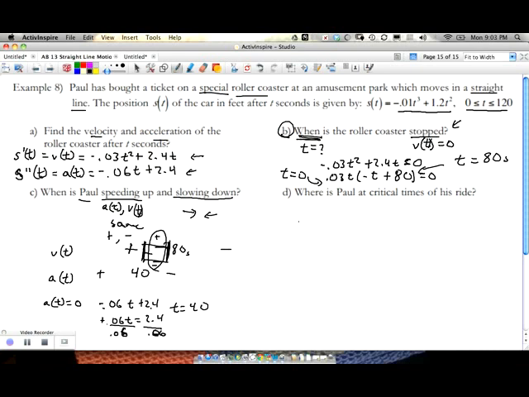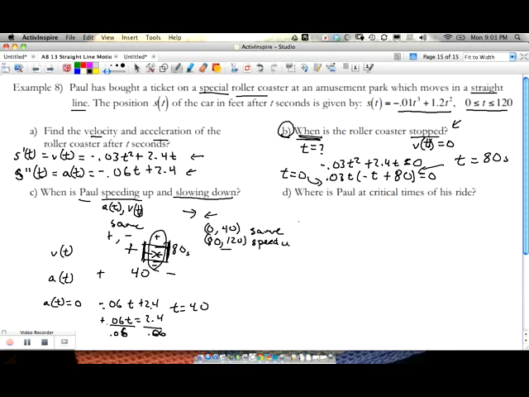What happens when those two things are mixed? When our velocity is positive, our acceleration is negative. That means that we are slowing down. So from 0 to 40 and from 80 to 120, we have the same sign, so we're speeding up.